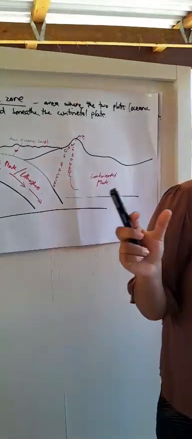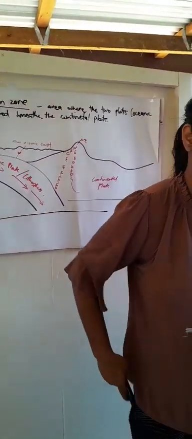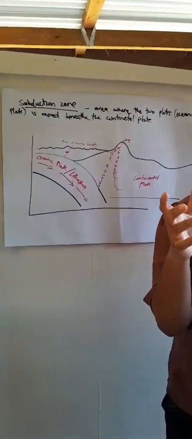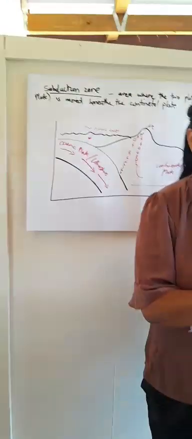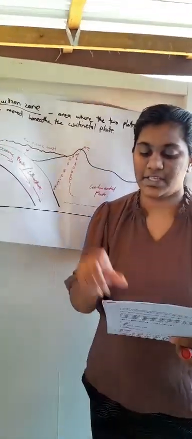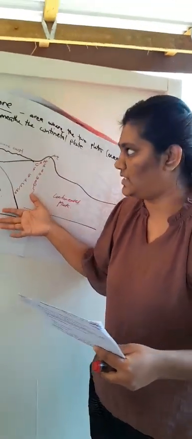What is the Pacific Rim of Fire? This is something that you have learned in year 8. The Pacific Rim of Fire is a path along the Pacific Ocean characterized by its volcanic activities.